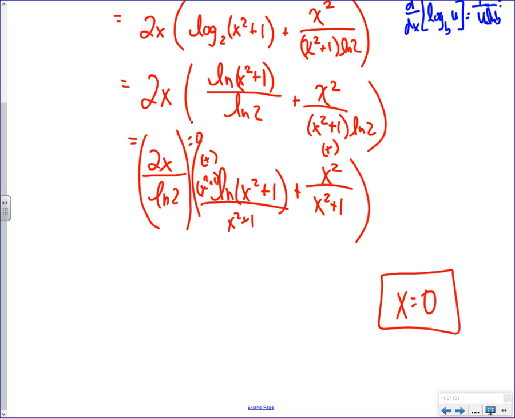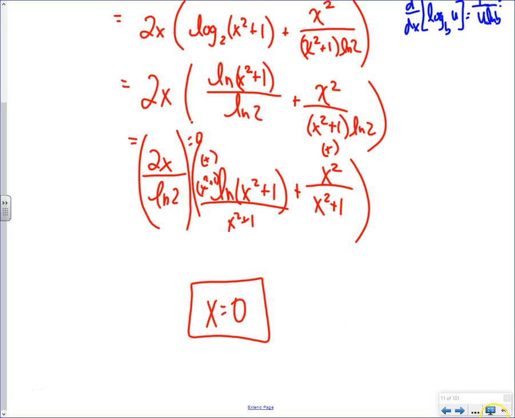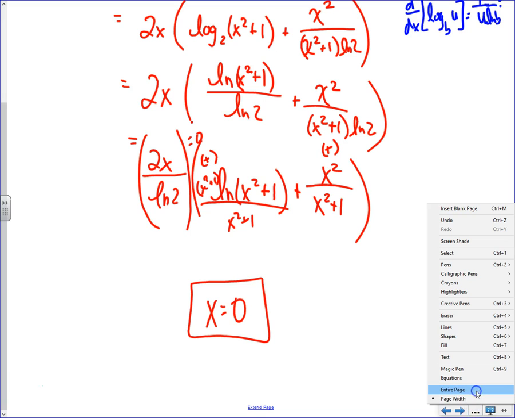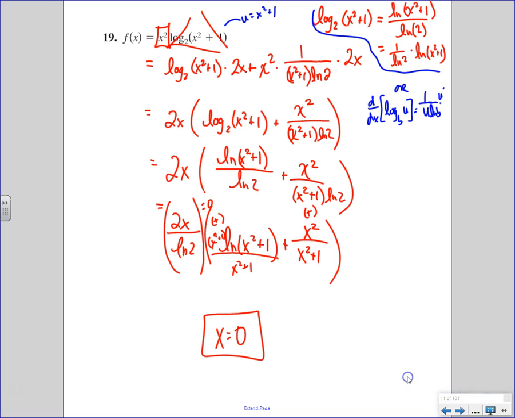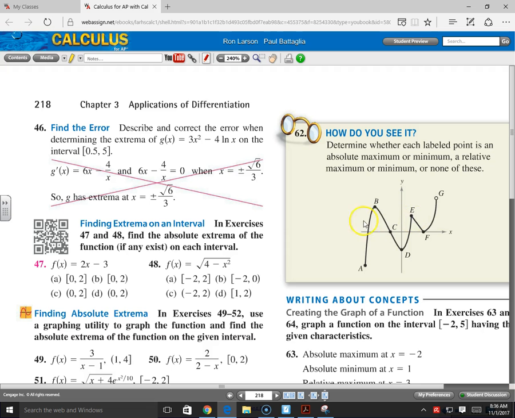So for absolute, or for maximums and minimums, number 51 says use your graphing calculator to find all of them, and obviously you can graph it and that's all great, but do you use second trace max and min to find what you need?